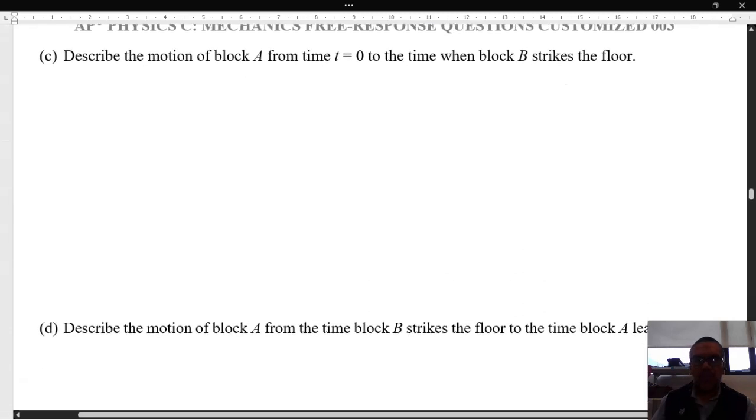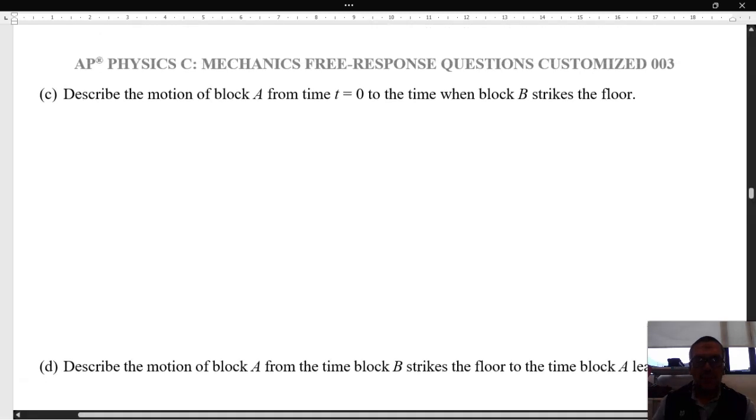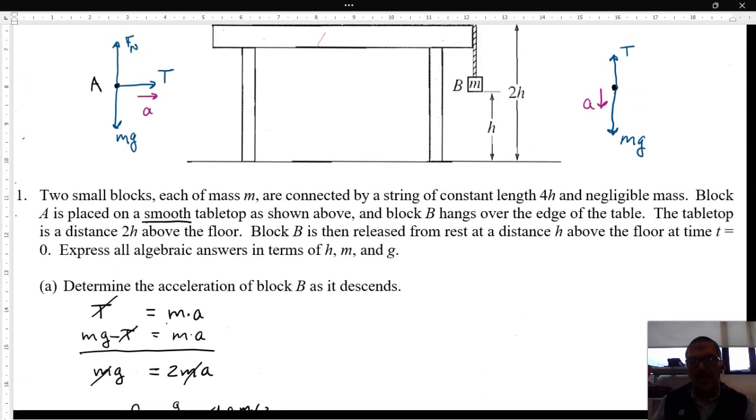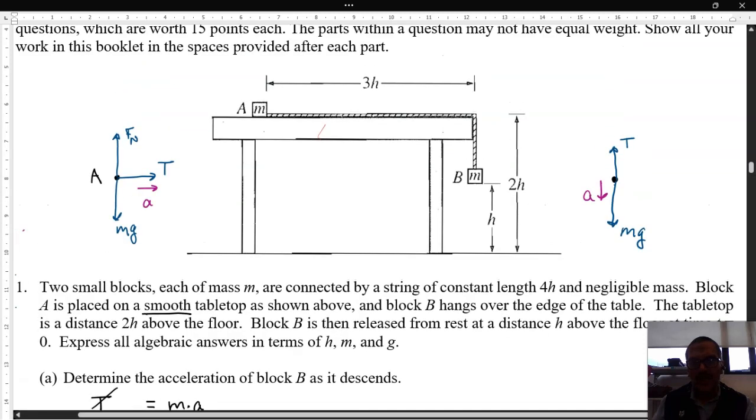Part C. Describe the motion of block A from the time t equals 0 to the time when block B strikes the floor. You can notice from the free body diagram that block A is accelerating due to the fact that there is a tension on the string.